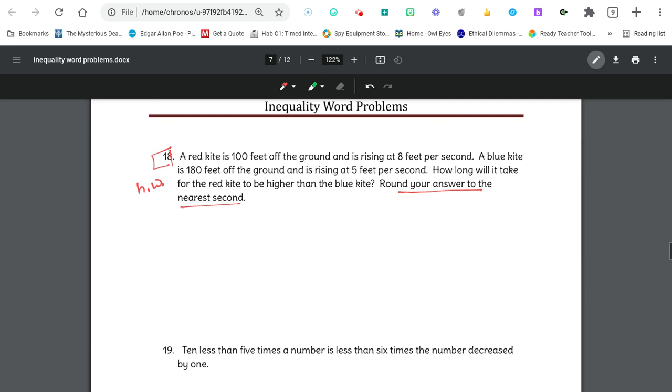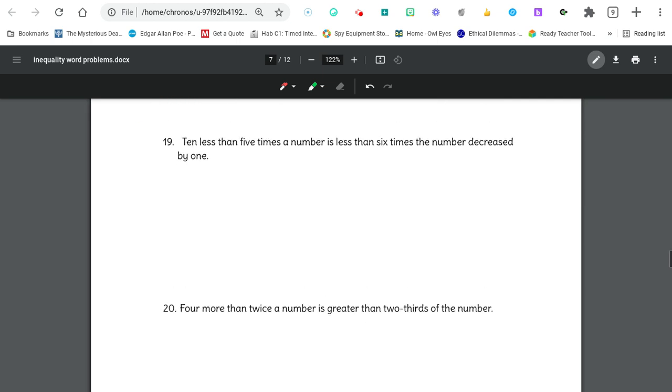So I'm going to give you one of those. I'll do one and you'll do the other one. I'll do 19 because it's got less than in it twice. I'm going to leave that one for you. For each one of these, you're going to solve and graph. Okay, let's look at 19.